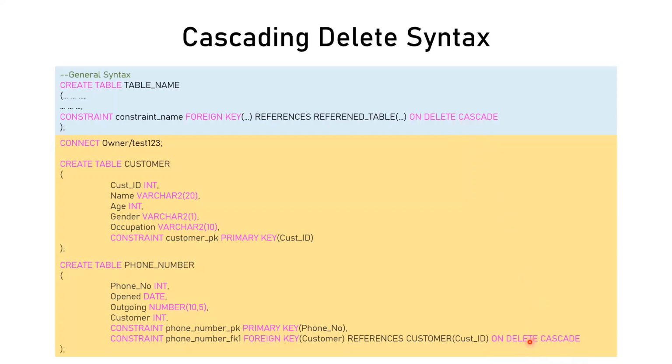So what happens is that after declaring this specific clause, our cascading delete should work. So whenever we delete an entry from our customer table, all the entries in our phone number table that are related to the deleted customer should also be deleted from the phone number table. So let's see how that happens.